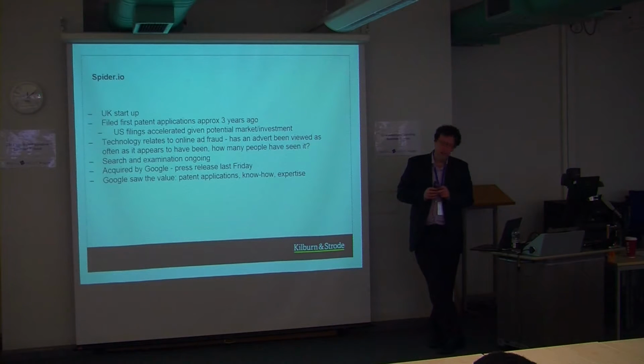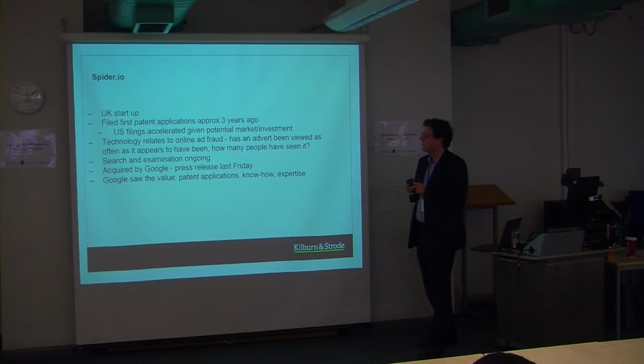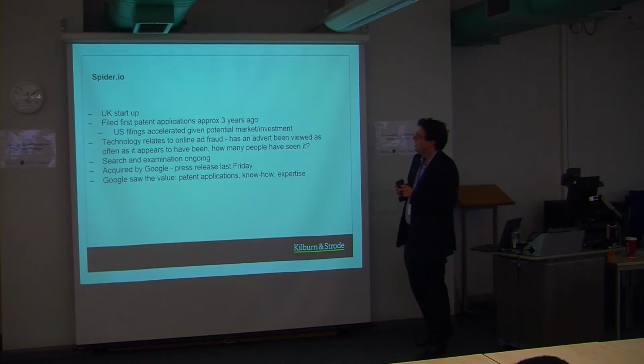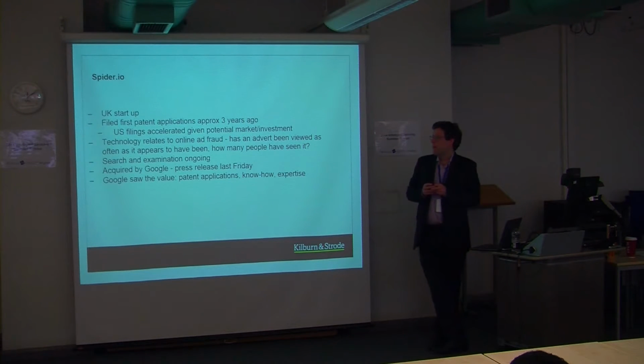And this is just an example of a kind of software invention that I've worked with, a UK startup. Their technology was about online ad fraud, and also ad metrics, to work out whether an advert on a web page is being seen.